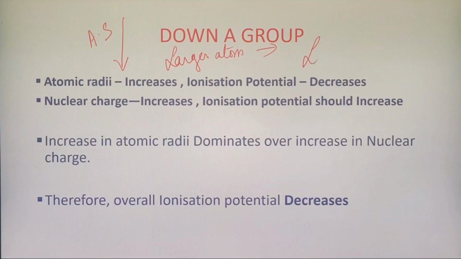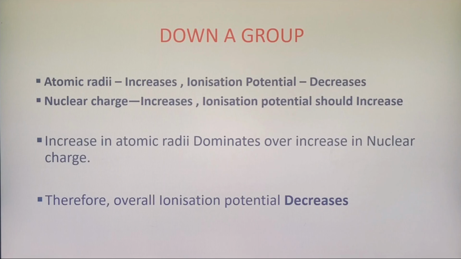So less energy I have to apply, yes or no? The less the energy, the ionization potential will be less. Clear? So as the size increases, the amount of energy required also decreases. So with less energy, I will be able to remove an electron. So the ionization potential decreases.